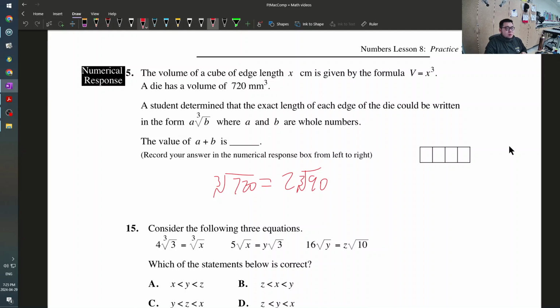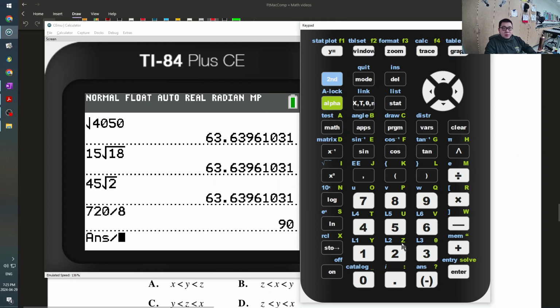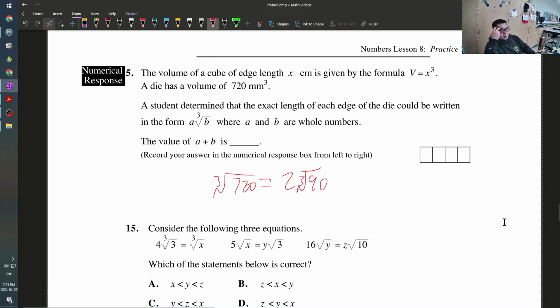And 90 divided by 27, okay, it doesn't divide by 27. So A plus B, 90 plus 2 is 92.